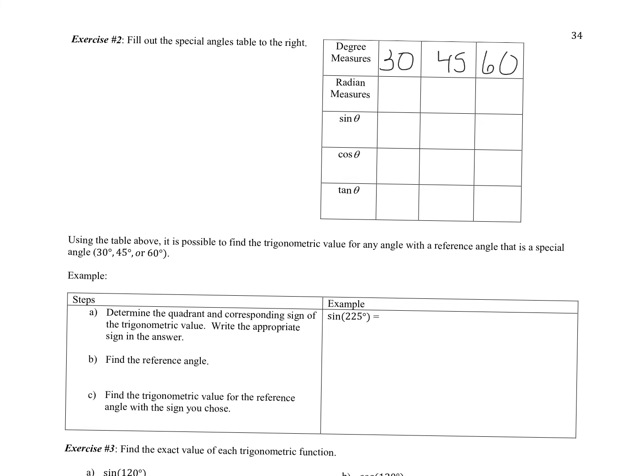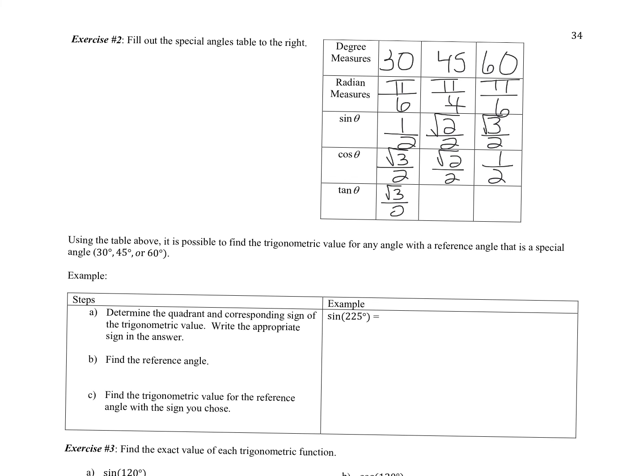So there's my degrees, there's my corresponding radian values, and then my sine values go 1, 2, 3, put my radicals on, all over 2. Cosines do the opposite for those angles. And tangents, you can either do sine divided by cosine, or hopefully by now you just have it memorized. So it's radical 3 over 3, 1, and radical 3.